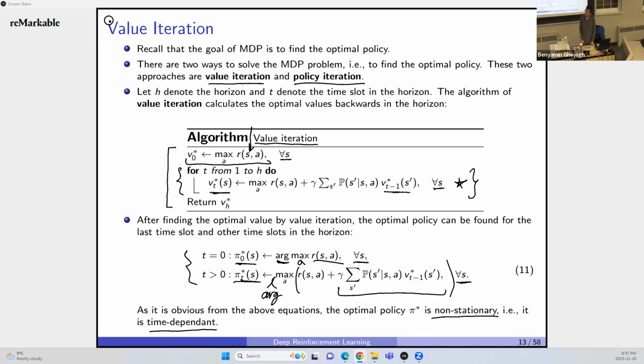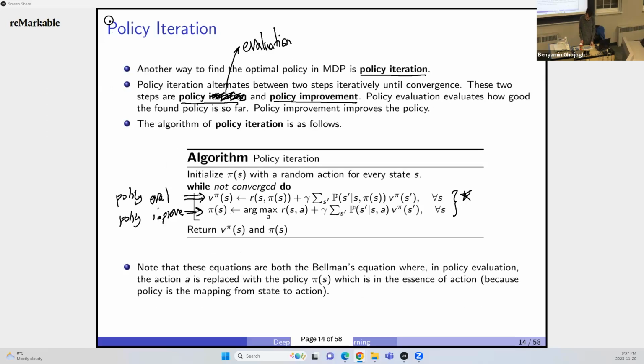Okay, but in policy iteration, we do it iteratively. We calculate value, we calculate policy. Again, we calculate value, we calculate policy. So one of them iterates over the value as much as it can. Then once it calculates the policy, that's its value iteration. Policy iteration does it alternatively. Value, policy, value, policy, value, policy. Right? Okay, that's one thing.